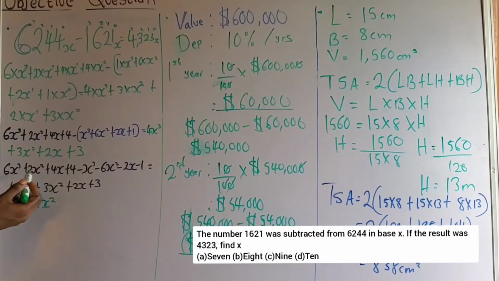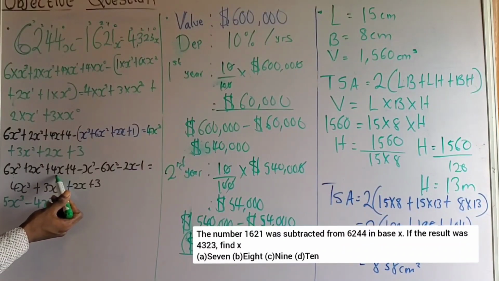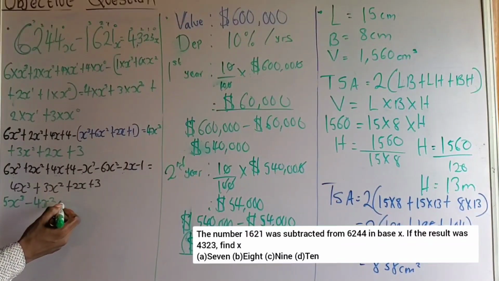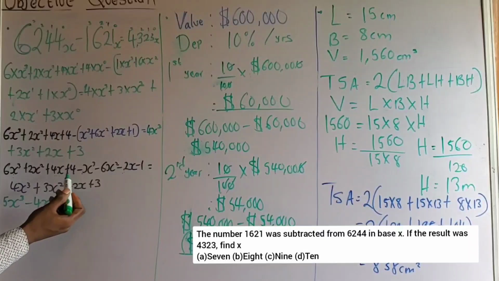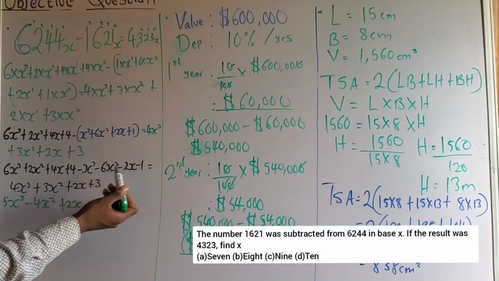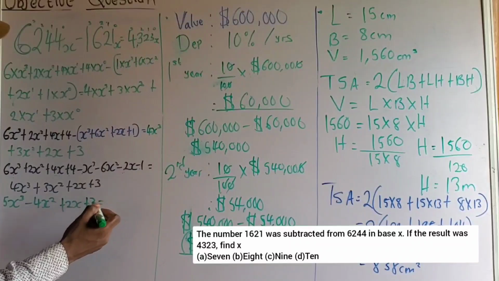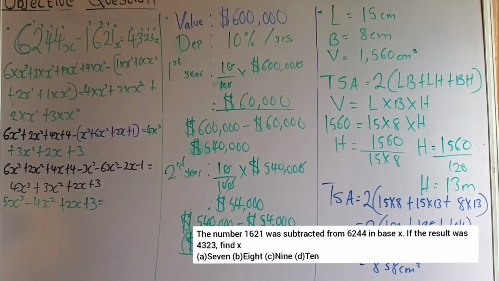Now for the next one, we have plus 4x minus 2x. What will be the answer? That will be plus 2x. And then we have plus 4 minus 1, which will be plus 3, right? Yes.